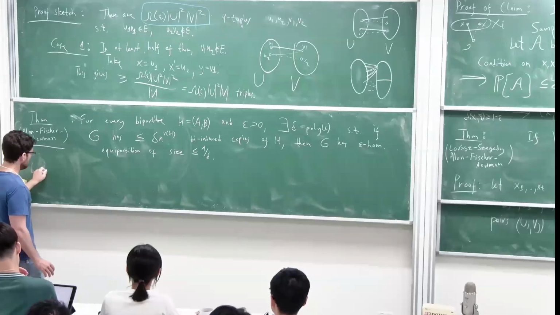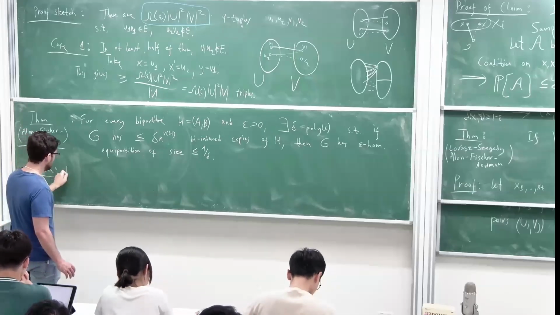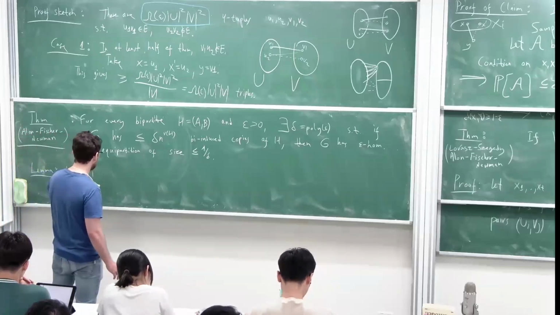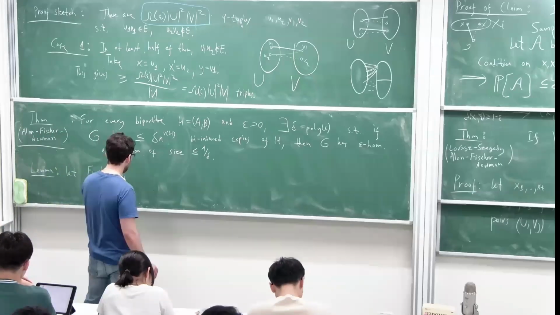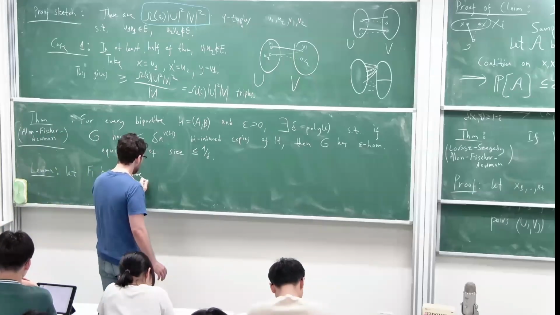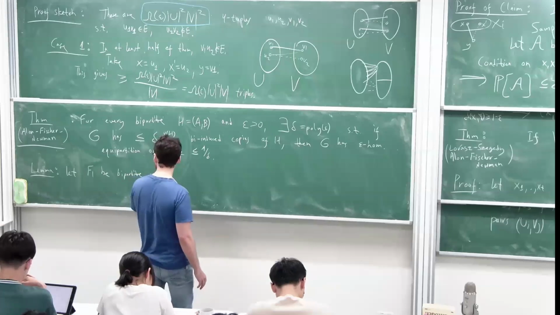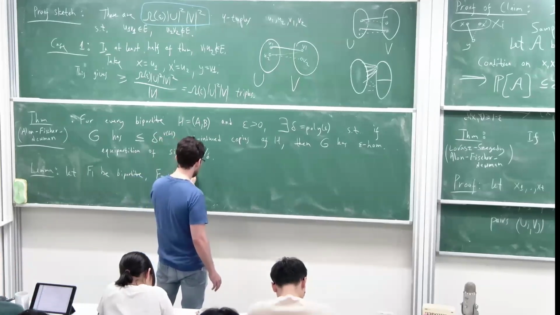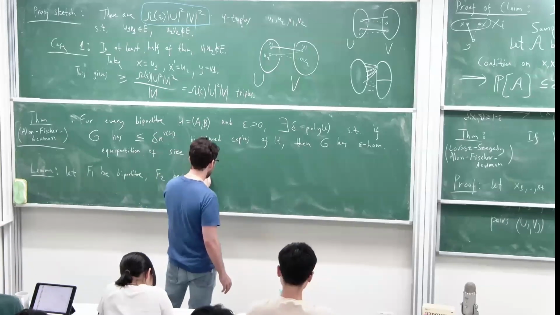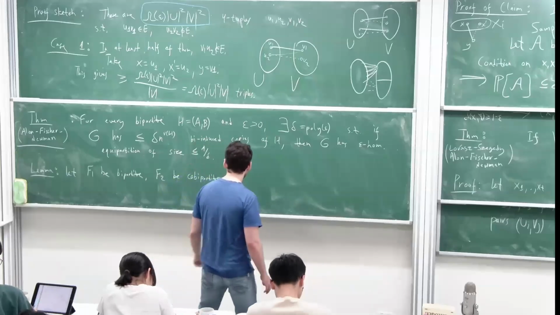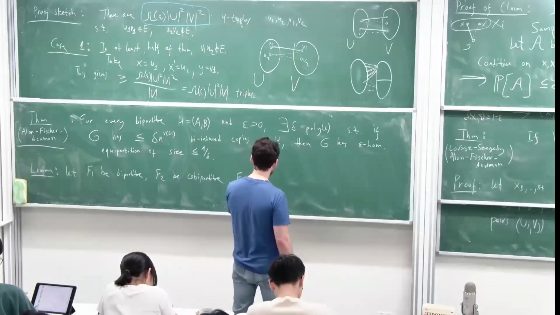Here's a lemma. Let F1 be bipartite, F2 be co-bipartite, I'll explain what this means, and F3 be a split graph.